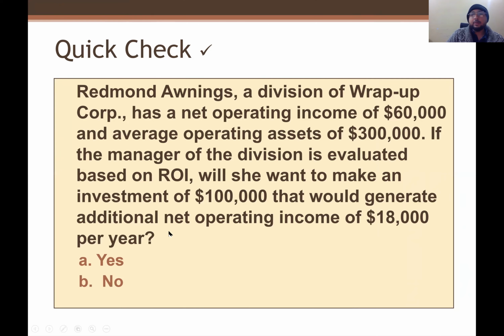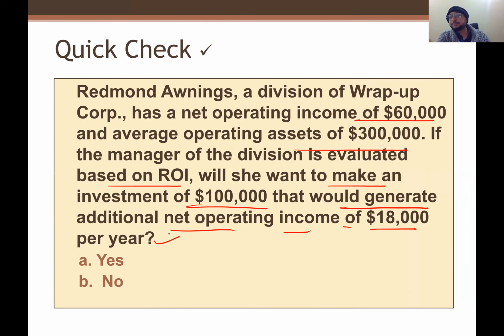Now, the Redmond Awning division of Wrap-up Corporation has net operating income and net operating assets. If the managers are evaluated on the basis of ROI, will she want to make an investment of 100,000 that would generate additional net operating income of 18,000 per year?